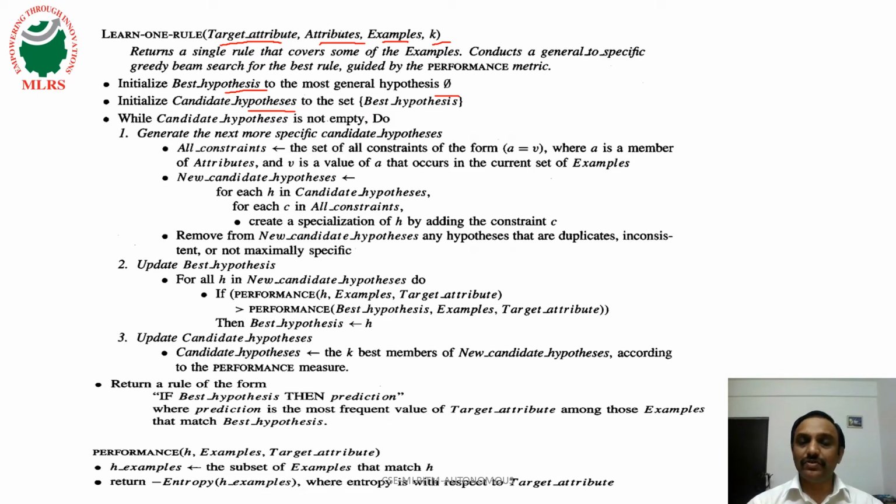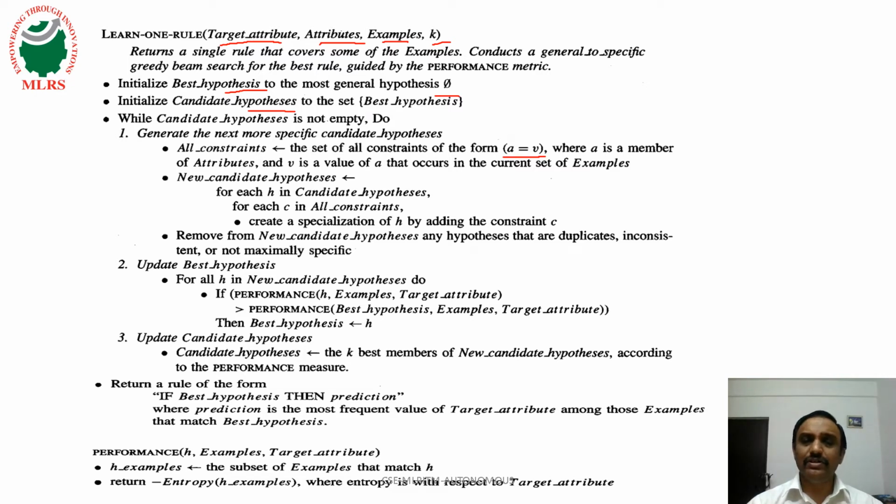So first we have to consider all constraints. All these constraints are of the form A equal to V, where A is a member of the attributes, and V is the value of A. For example, if you take wind, wind has two values, either strong or weak. Next we have to find out the new candidate hypothesis.